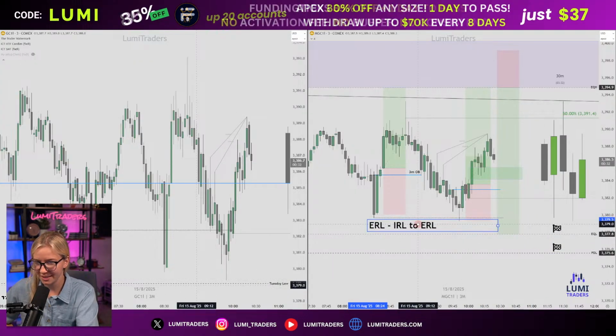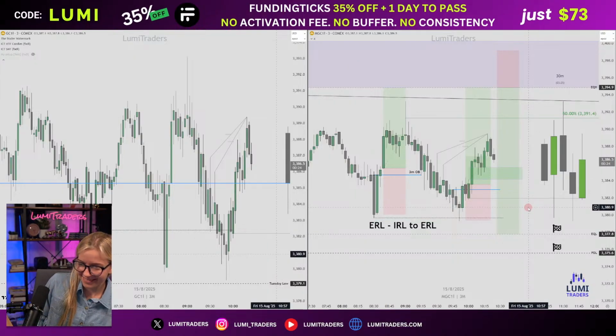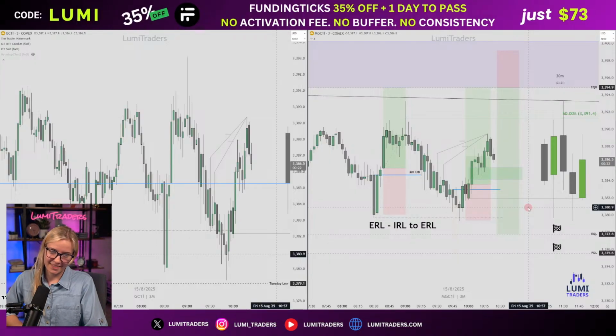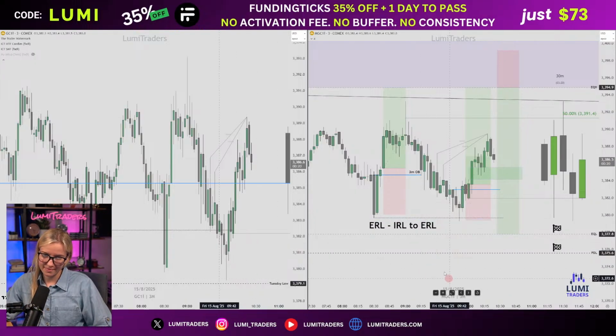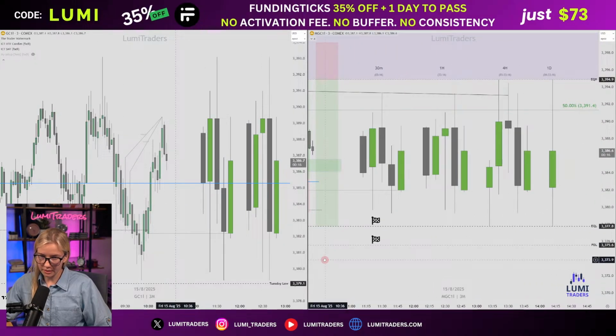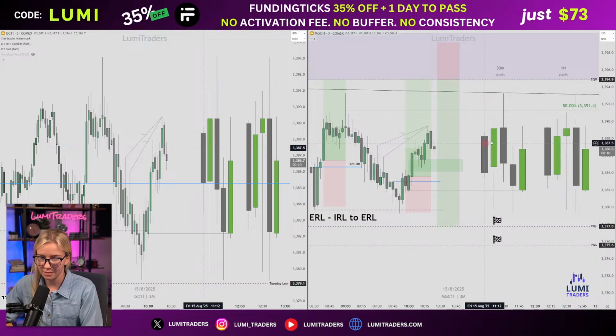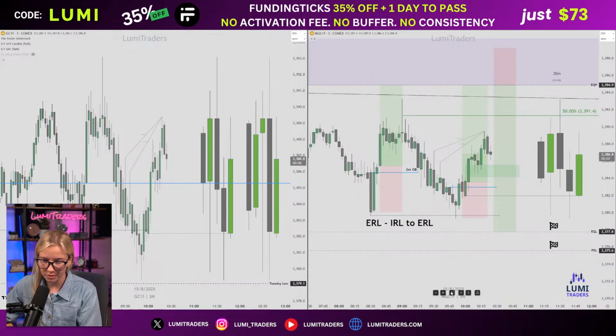I didn't expect anything from Friday. I just still feel like the framework for distribution on the daily is more bullish, at least to these equal highs. I don't know. It's just choppy.